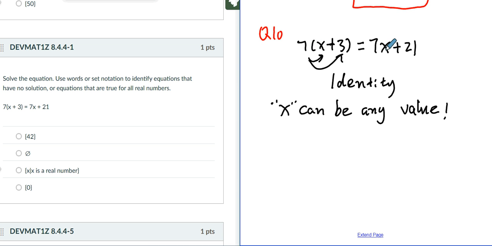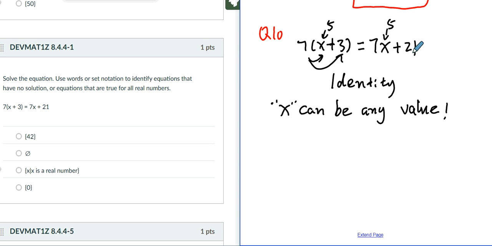Similarly, 5 times 7 is 35. 35 plus 21 is 56. You may try all different values. So 5 plus 3 is 8 times 7, that's 56. And here, 5 times 7, 35. 35 plus 21, 56.